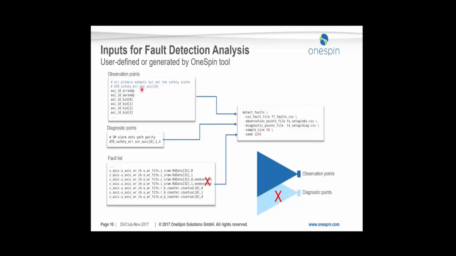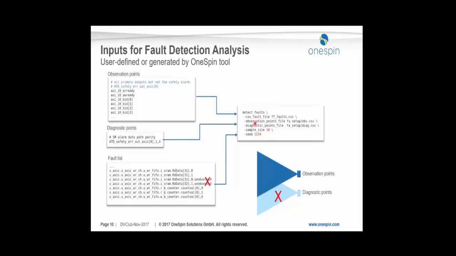Include the faults which are only under the diagnostic points because there cannot be dangerous in the sense of the single point fault metric. Those faults under the diagnostic points would be only used for the latent fault metric. And in our case, we want to calculate a single point. So we take those inputs and put them into our detect faults command.